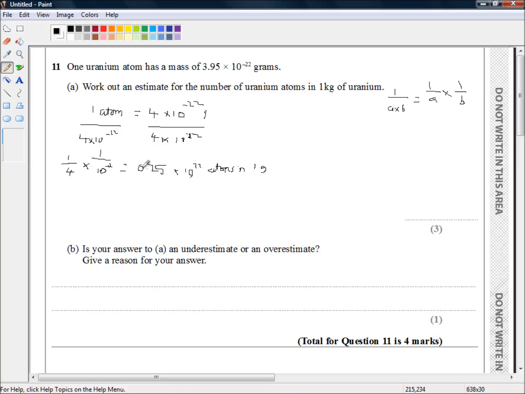So we just multiply this side by 10 to get 2.5, but that makes the whole number 10 times too big, so then we take it back to the correct amount by dividing this side by 10, and 10 to the power 22 divided by 10 is just 10 to the power 21. So our answer is 2.5 times 10 to the power 21 atoms in 1 gram.